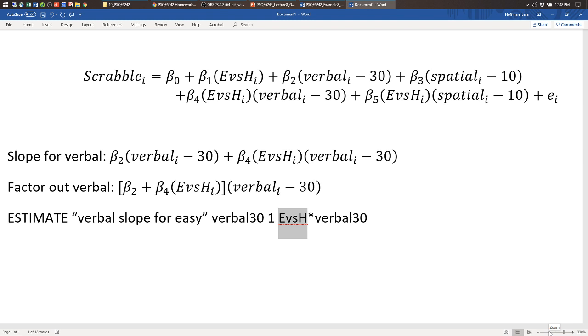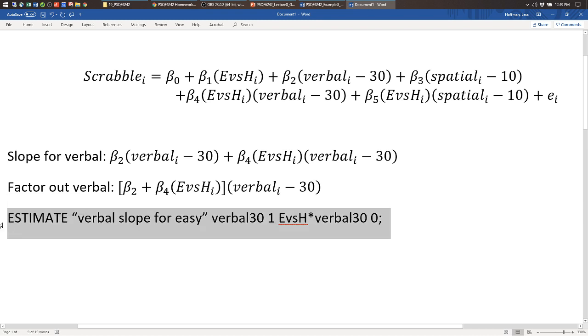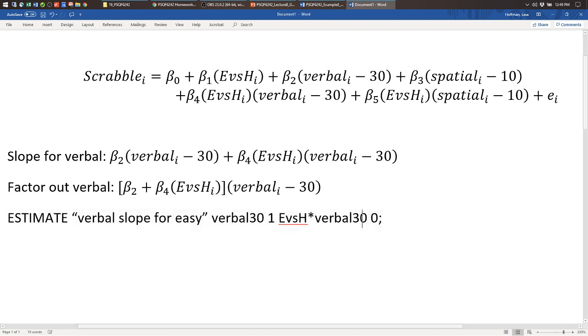What did I tell you to code the easy group? 0. So, done. And this is why easy is easy, because this one is not actually a linear combination. It is what beta 2 means, and beta 2 is already given to you directly in the output. We'll do a bonus.